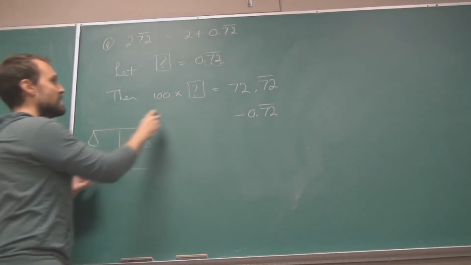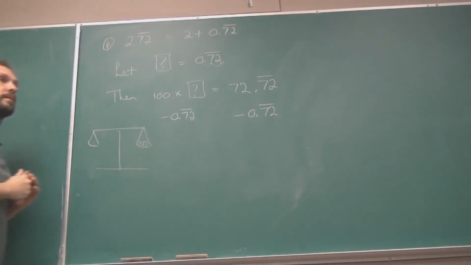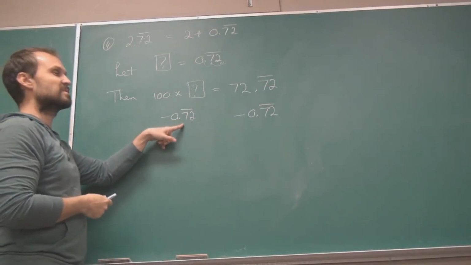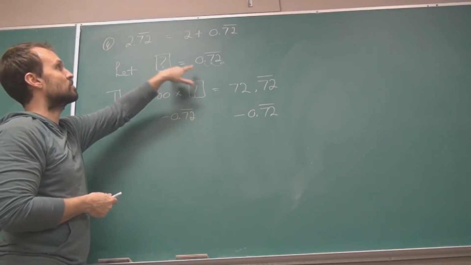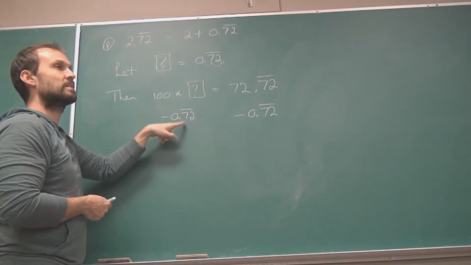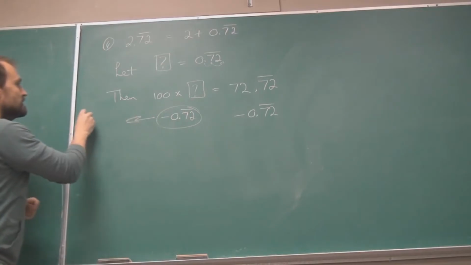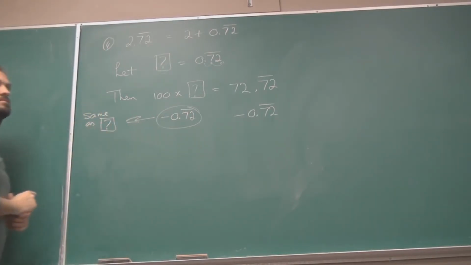I'm going to have to take the same thing away on this side too, in order for the balance to stay. The problem is I don't know what this is in relationship to this, but this tells me the question mark is the same as what I'm taking away here. So this guy is the same as question mark.